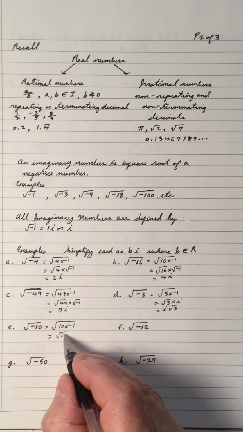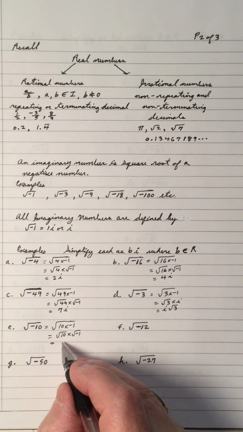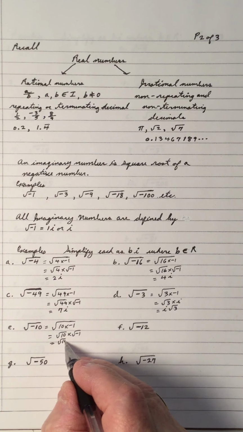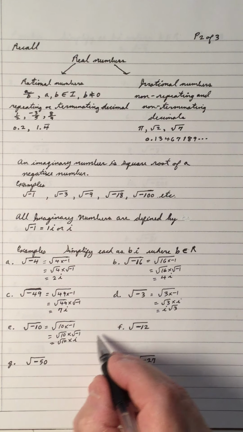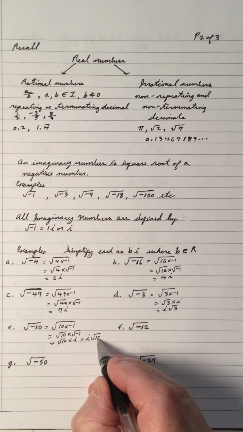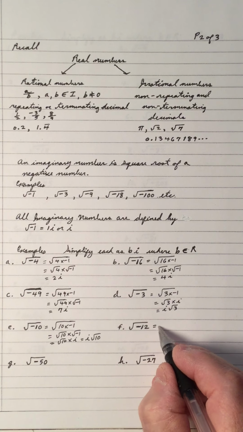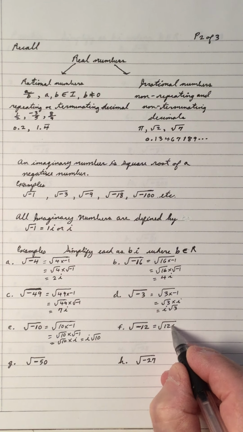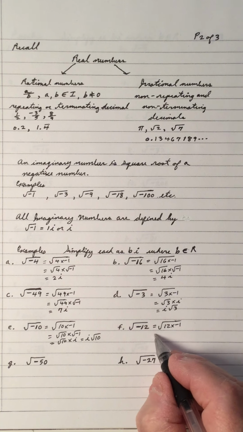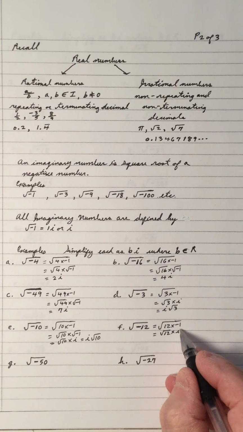The square root of negative 10 is the square root of 10 times negative 1, which is the square root of 10 times the square root of negative 1. So that's the square root of 10 times i, and that's written as i root 10. The square root of negative 12 is the square root of 12 times negative 1. And that's the square root of 12 times i.